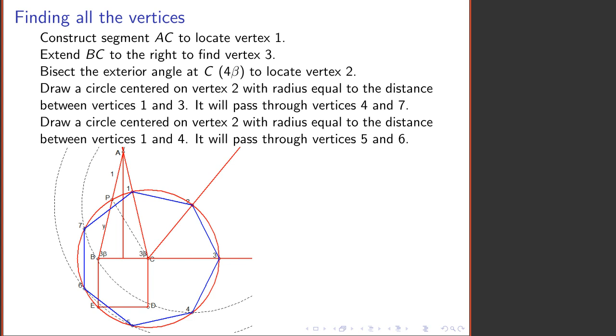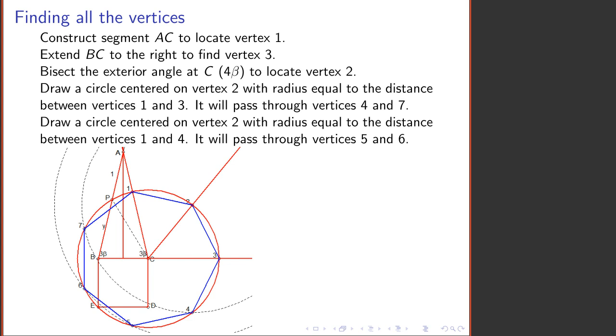That's going to intersect the circle somewhere, and I will call that vertex 1. I will extend BC to the right until it hits the circle. That gives me vertex 3, and now I'm home free because I've got two vertices of the heptagon separated by one other vertex. To find the separating vertex, I just take this angle at C, which is equal to 4 beta, and bisect it to get an angle of 2 beta here, an angle of 2 beta there.